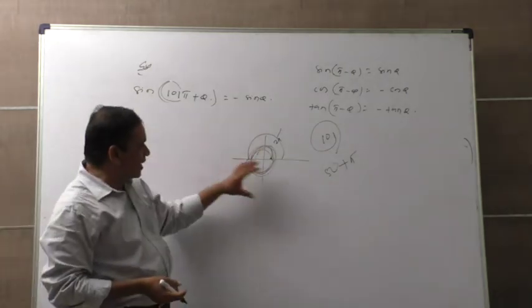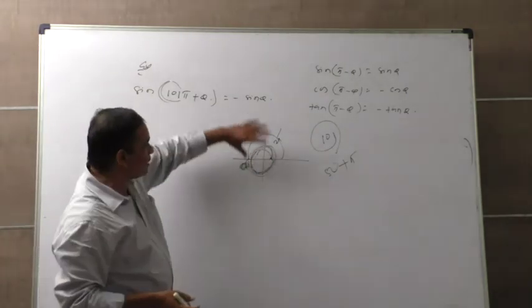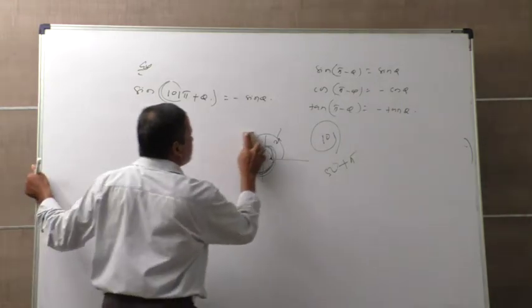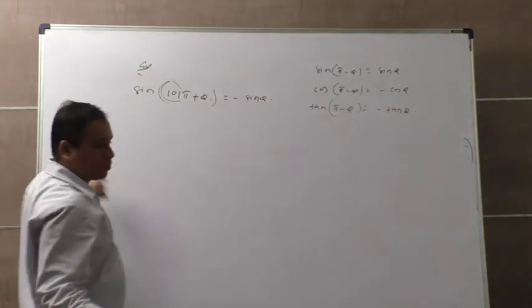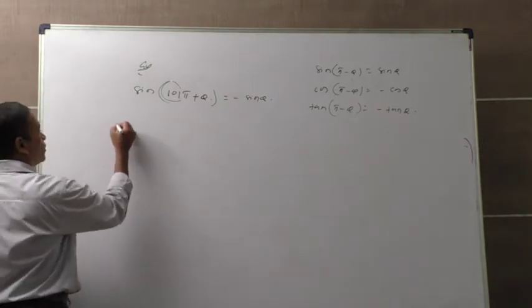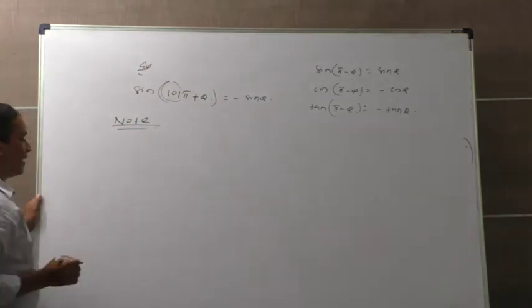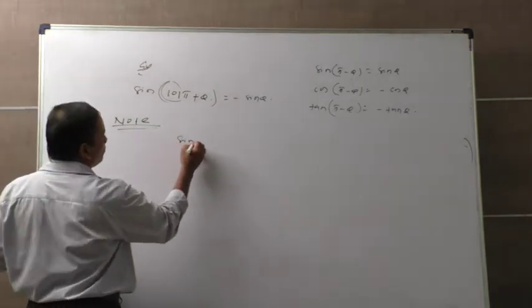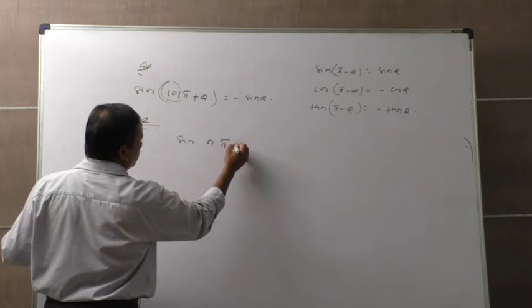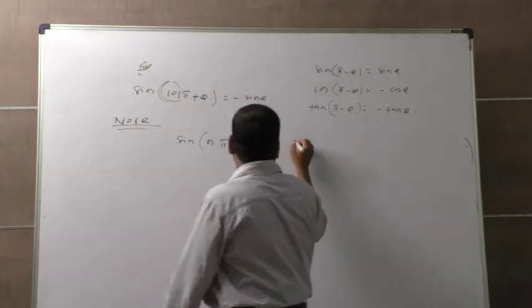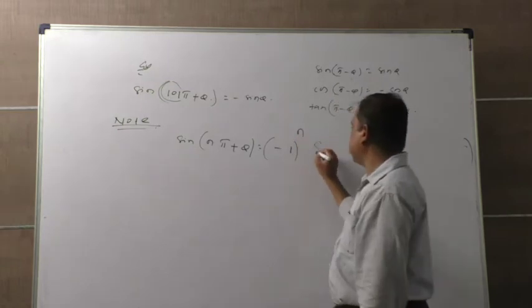So in this pi rotation you can find it, but if there are larger numbers, then there is a general or common formula to find these values. The important formula is: sin(n pi plus theta) is minus 1 to the power n times sin theta.